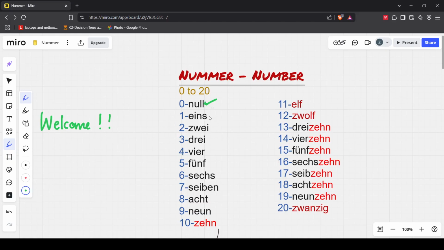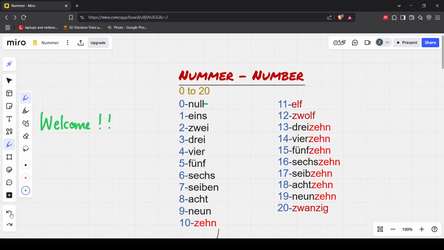And one is eins, two is zwei, three becomes drei, four is vier, five is fünf, six is sechs, sieben means seven, acht, neun, zehn, elf, zwölf, dreizehn, vierzehn, fünfzehn, sechzehn, siebzehn, achtzehn, neunzehn, and zwanzig.